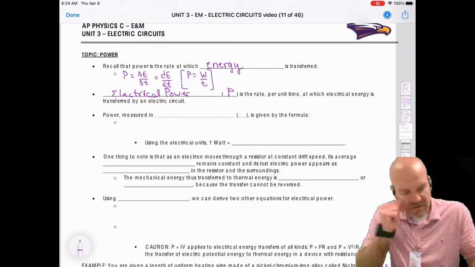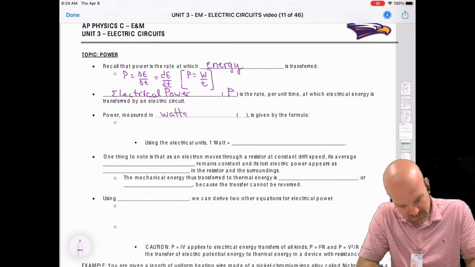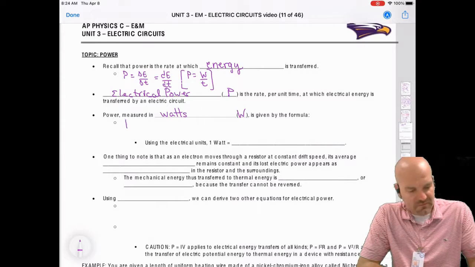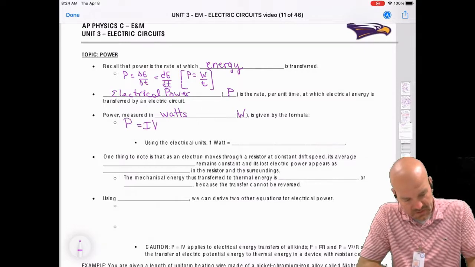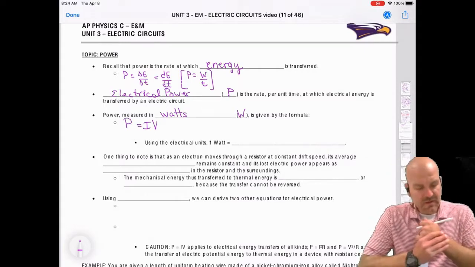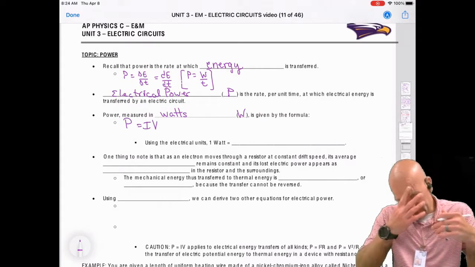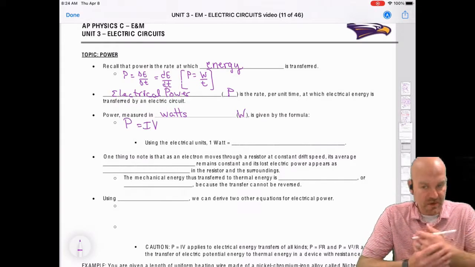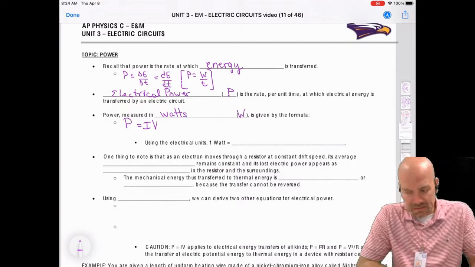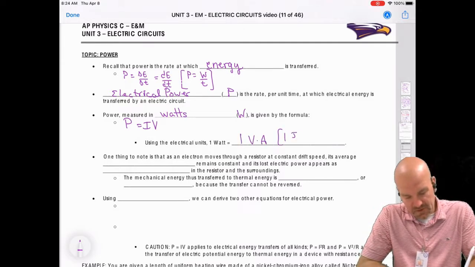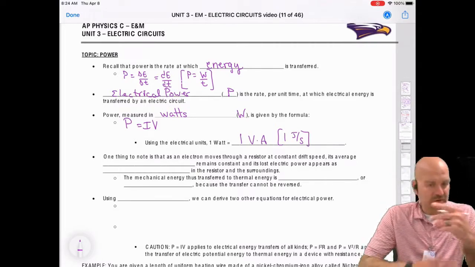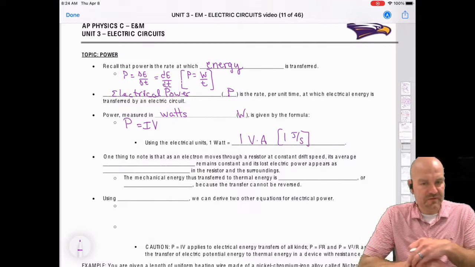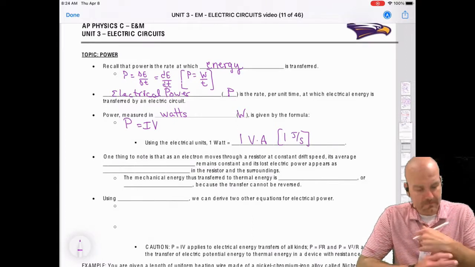Power is measured in watts, and in terms of electrical power it's given by the formula P equals IV. In respect to electrical units, 1 watt is 1 volt amp. From energy, we said it was a joule per second, but because we're talking about current and potential difference, it's 1 volt amp.